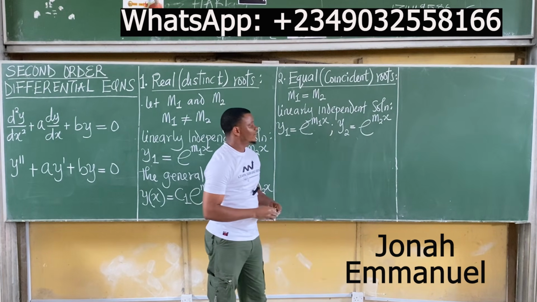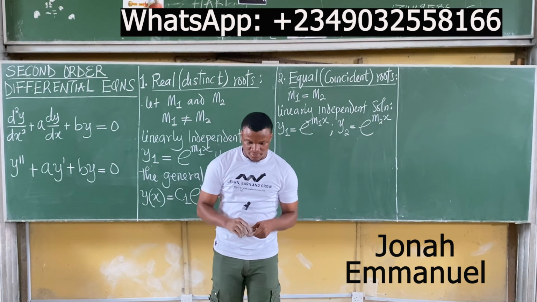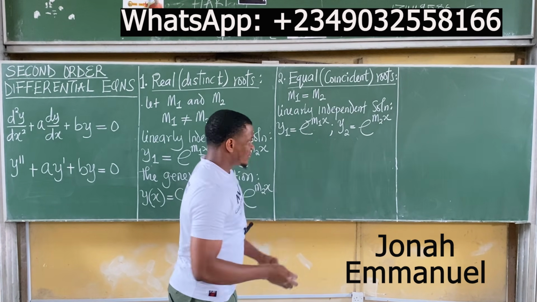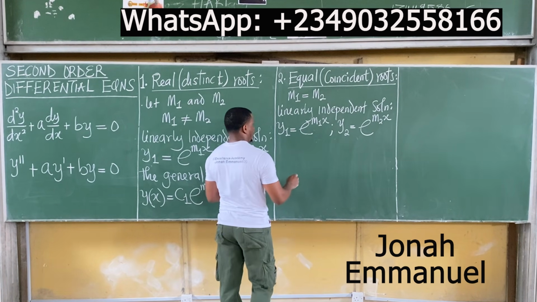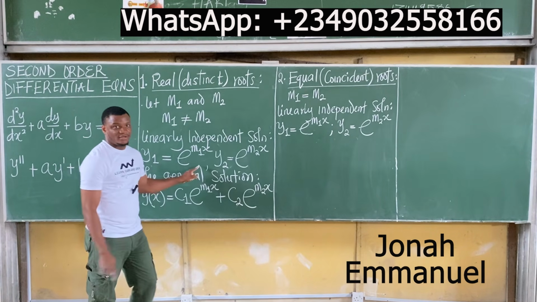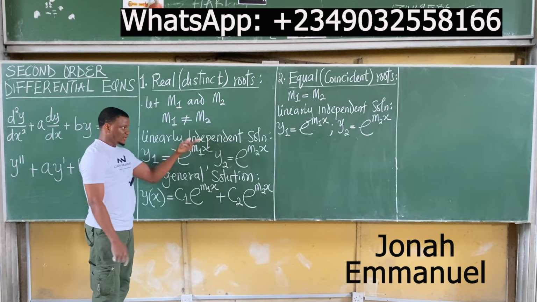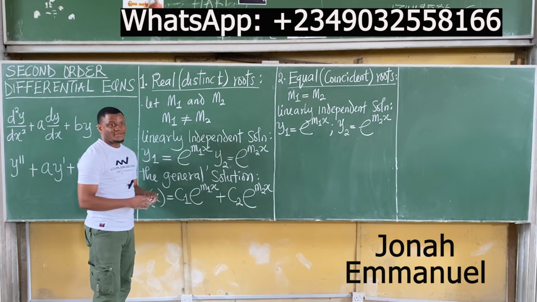So this is the value of y1 and y2. What about the general solution? It is basically the same thing as the first one: y1 this, y2 this.